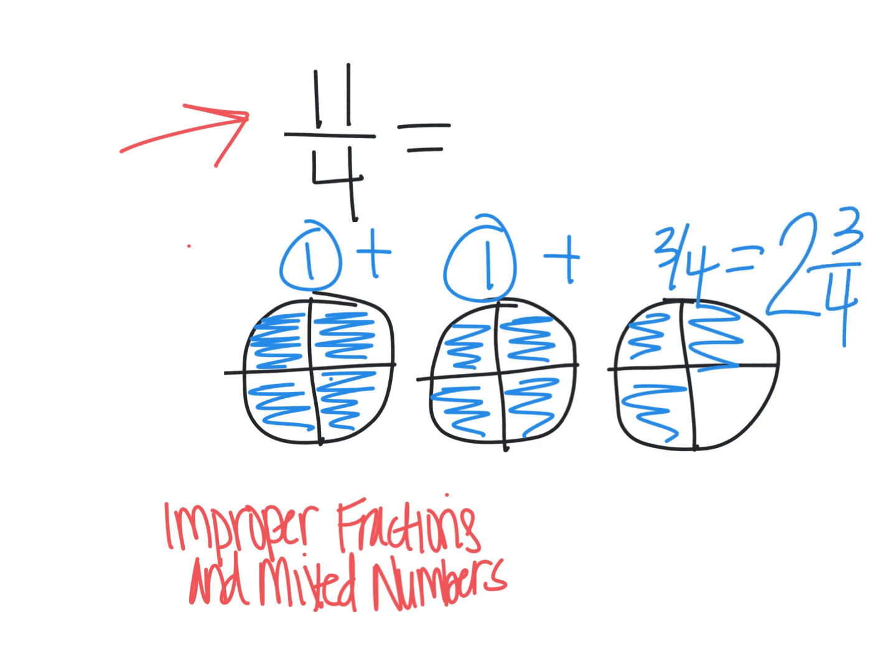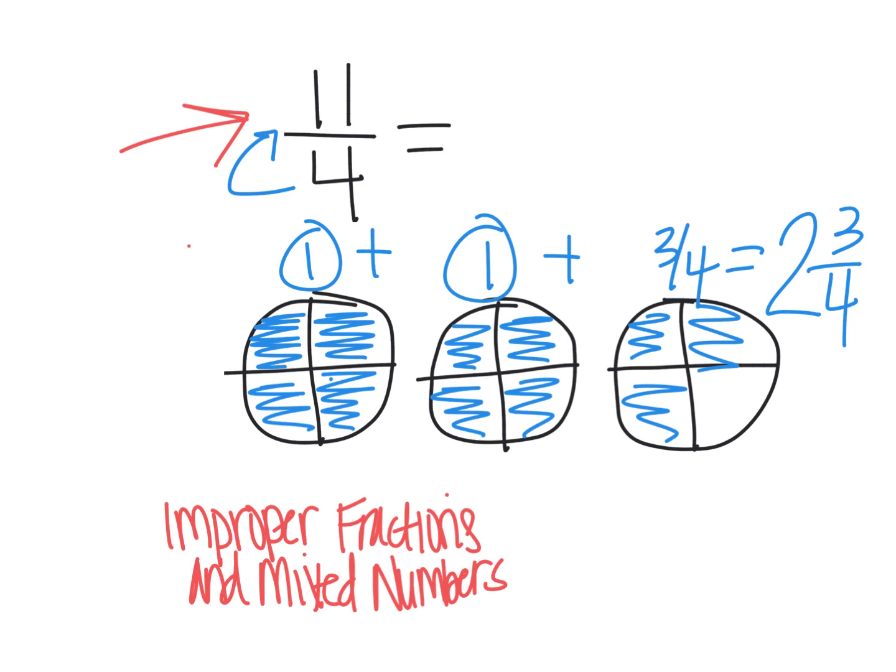So when we're asking ourselves, how many times does 4 go into 11, we're really wondering how many 4 fourths, or how many wholes, we are going to pull out. I know that 4 goes into 11 2 whole times with a little bit left over. 4 times 3 is 12, which would be too many.